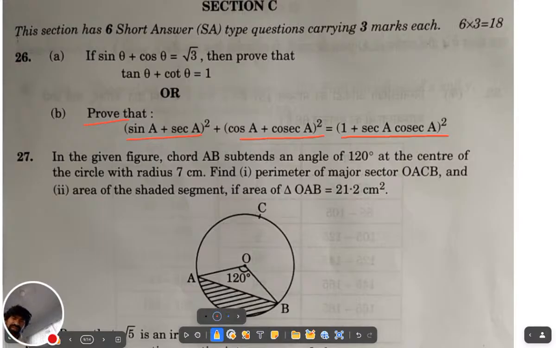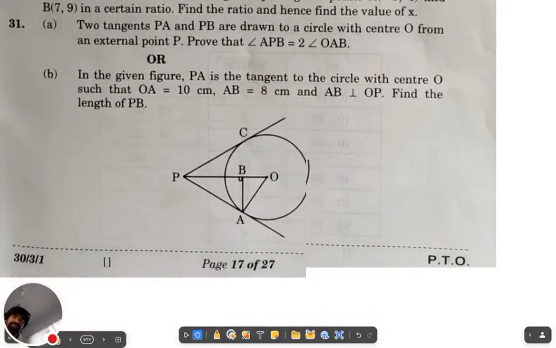So what we have to prove? Let's write what is to prove.